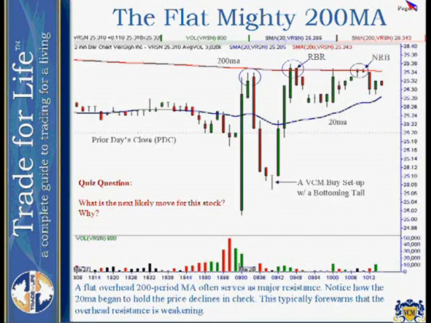Now, let's talk about the gift. There's a scenario that I call the gift. The gift is when you have bar 1, almost entirely all green.